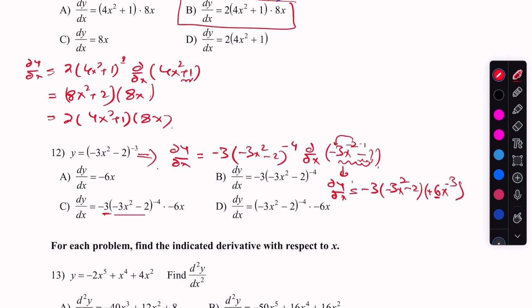Oh sorry, it's a positive, so it has to be 1. So this is the correct option, I think, because it became negative. So we took the wrong power.